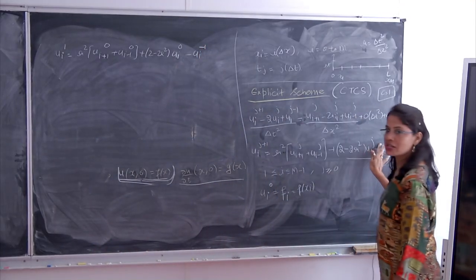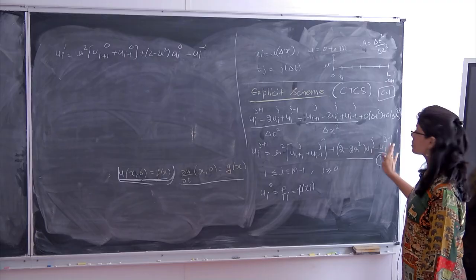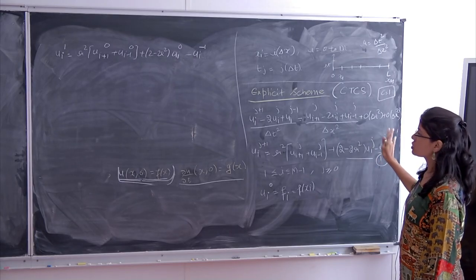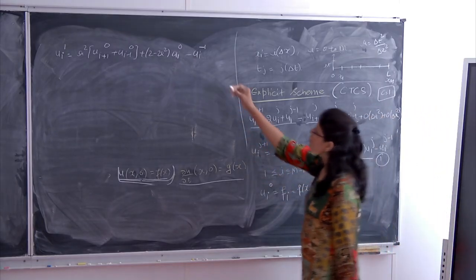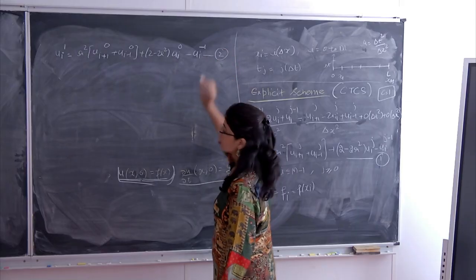When I put here j is equal to 0, I will get here u_i^{-1}. Okay. So, let me write down this as equation number 2.